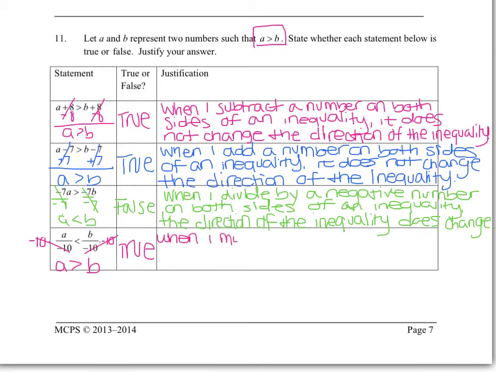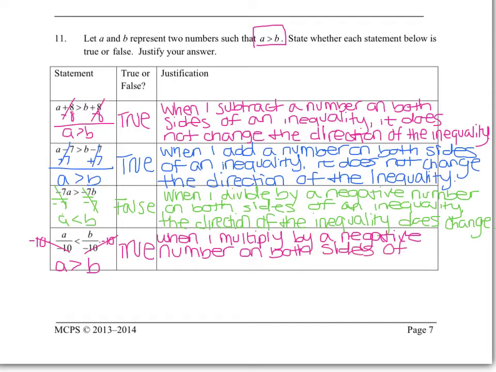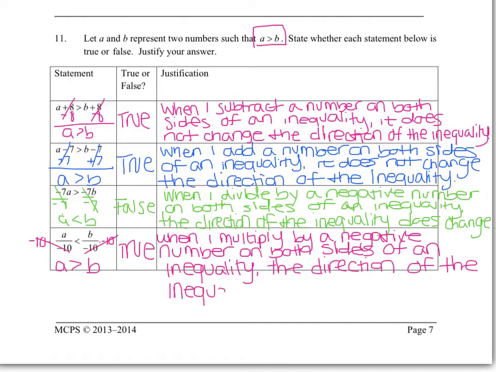When I multiply by a negative number on both sides of an inequality, the direction of the inequality does change.